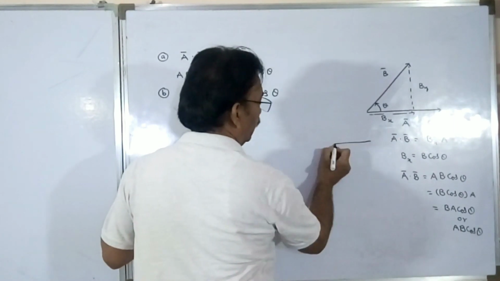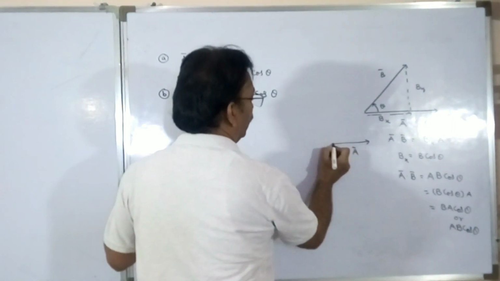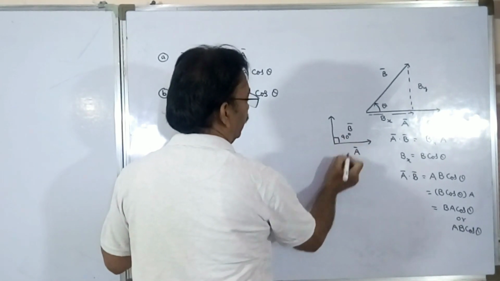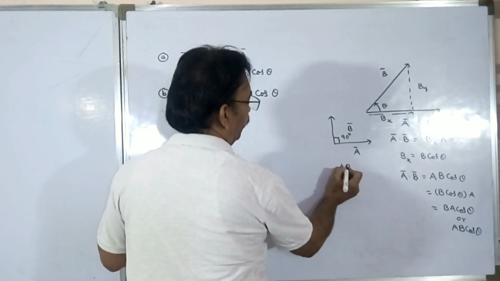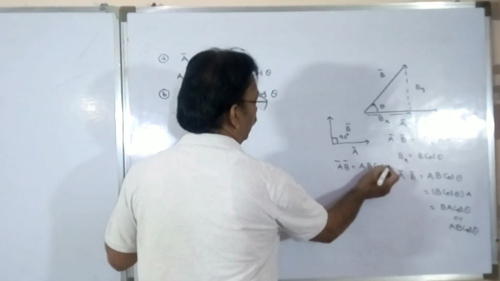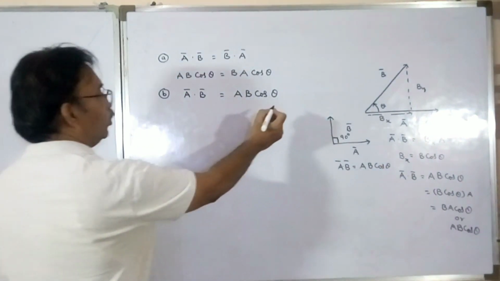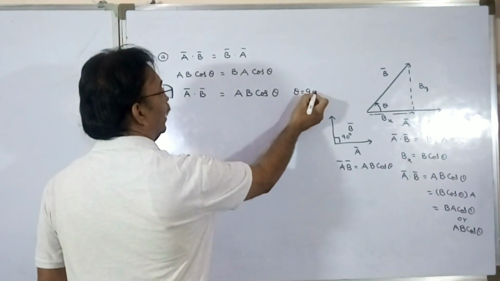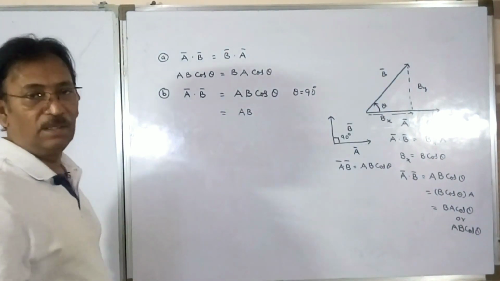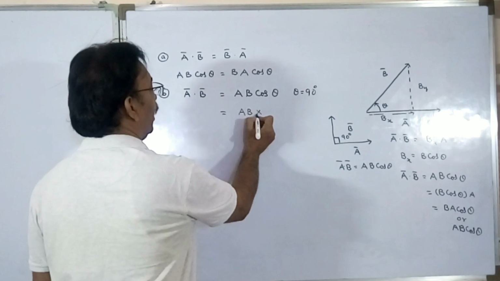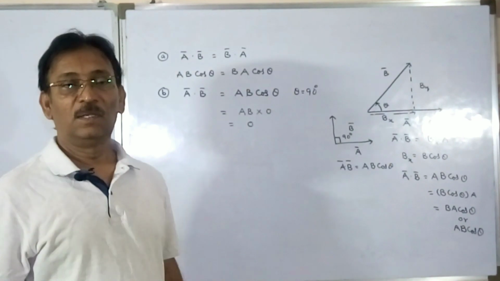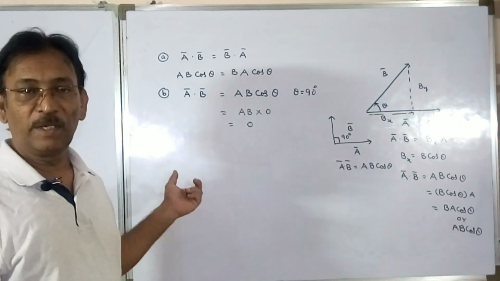It means the first vector is a bar, the second vector is b bar, and the angle between them is 90 degrees. Then a bar dot b bar is equal to ab cos theta, which is ab multiplied with cos 90, and that is equal to 0. When the two vectors are perpendicular to each other, the dot product is 0.